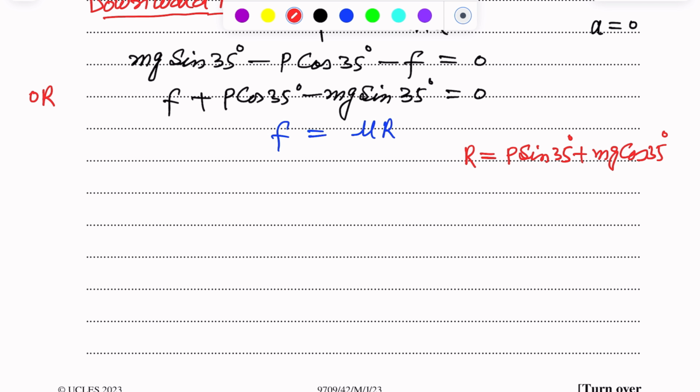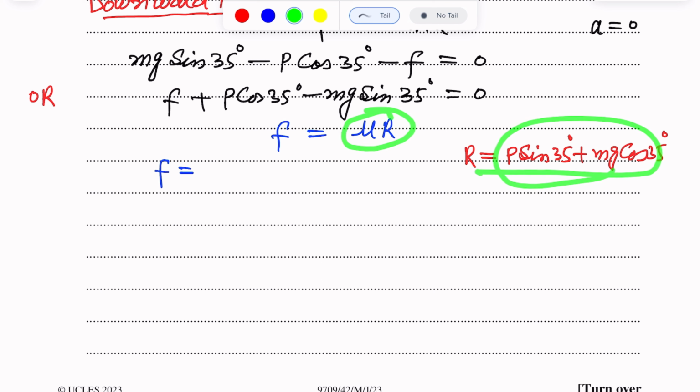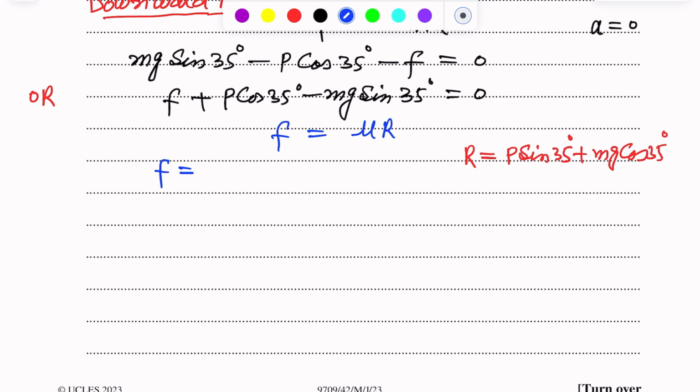So we can find F. F is equal to mu R. Putting here the values of mu and R, F is equal to 0.4 times P sin 35 degree plus mg cos 35 degree.